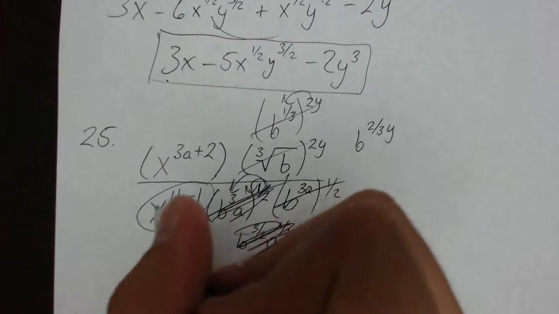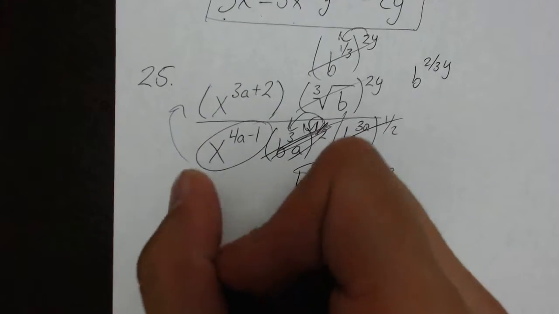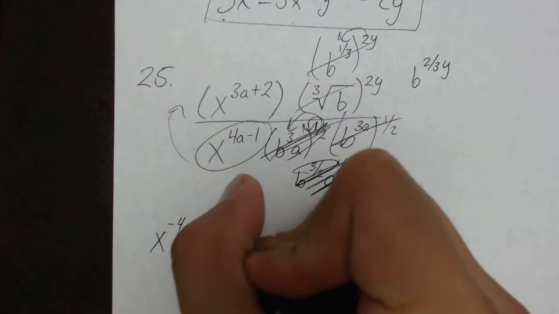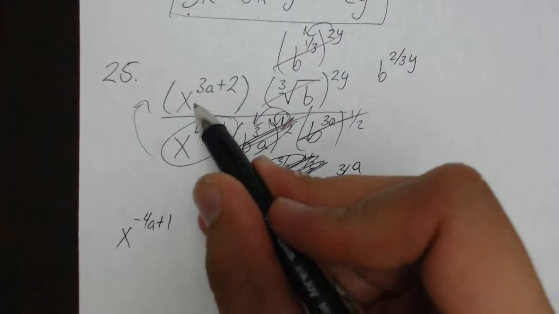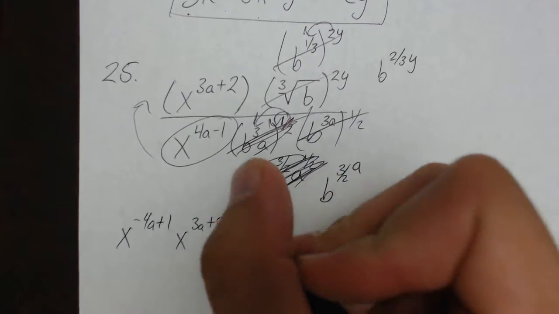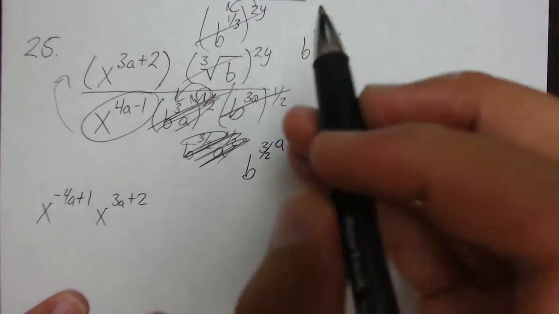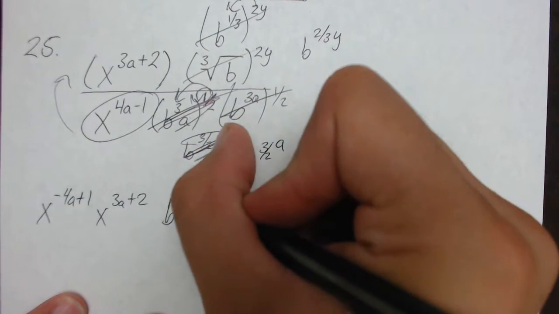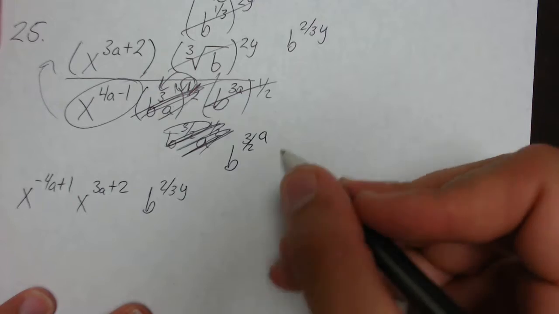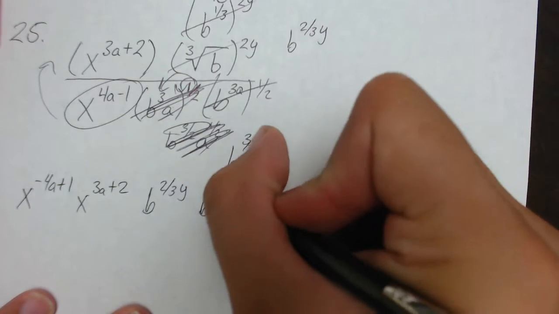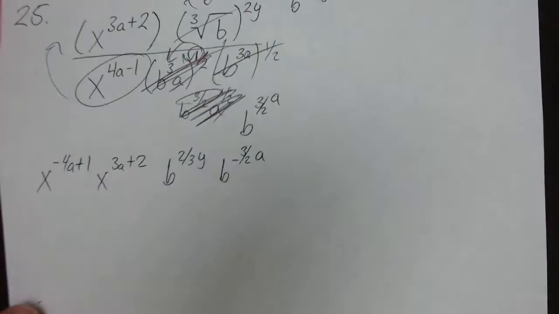So we move it to the top, and we get x to the power of negative 4a plus 1. And we'll write that next to x to the power of 3a plus 2. Over here we then have b to the power of 2/3 y, and then we have b to the power of negative 3/2 a.